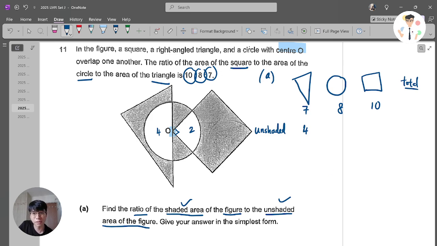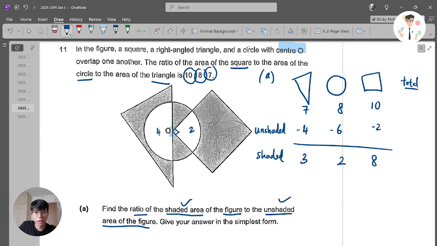How about the circle? For the circle, I should actually minus what? 4 and 2, right? So it's 6. And this is the square. For the square I minus what? 2. So if this is the total, minus away the unshaded part, what is the shaded part? The shaded part will be what? 3, 2, 8.